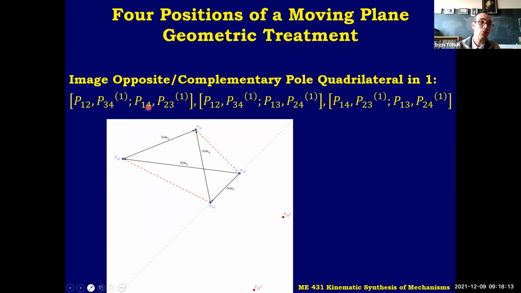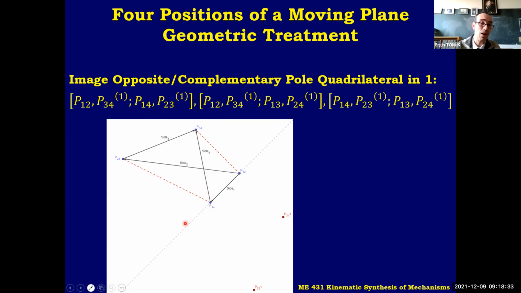Similarly, this is 1, 4. So in position 1, it's in its original location, but this doesn't have an index 1. So on the moving plane, its location is here. And how do we find them?